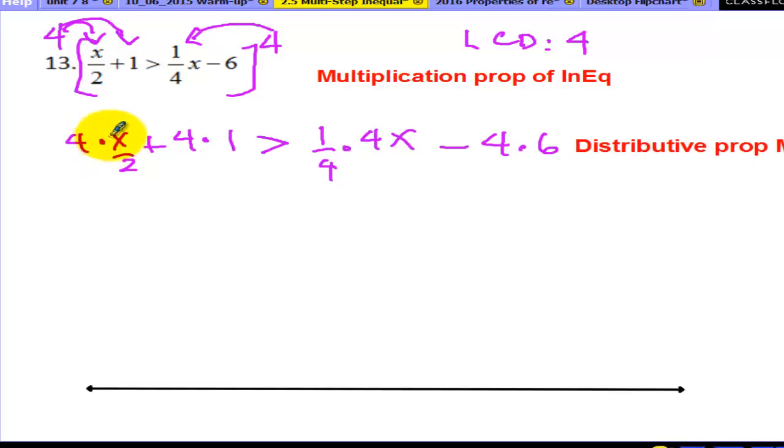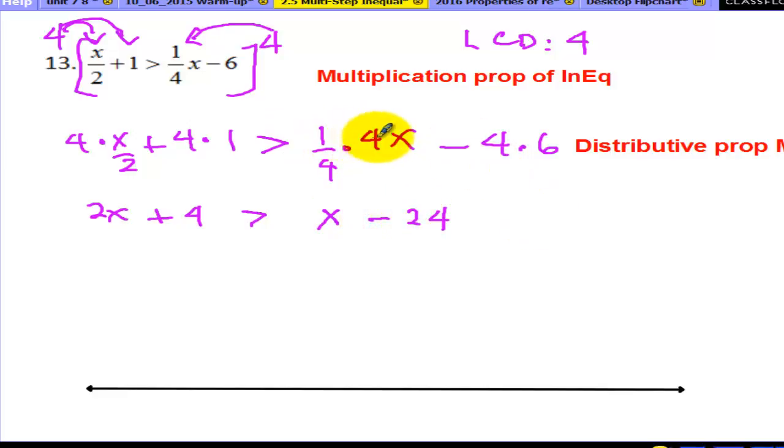Okay, here 4 times x over 2 is the same thing as 4 divided by 2. That's 2x. 4 times 1 is 4. Now, the number that I multiplied in both sides is a positive number, so I don't need to flip my inequality. 1/4 times 4 is equal to 1. 4 times -6 is -24.